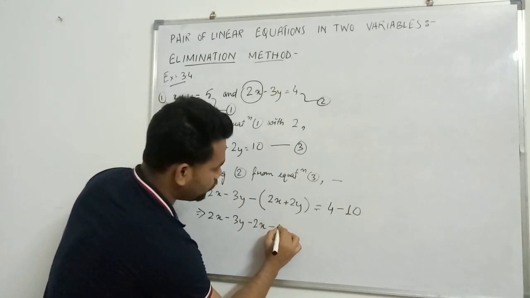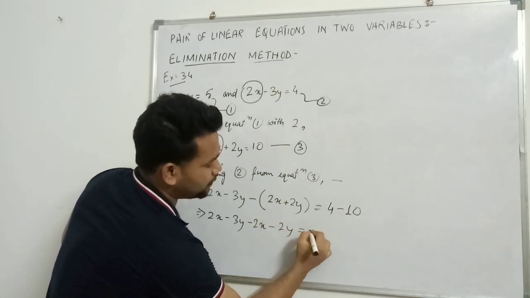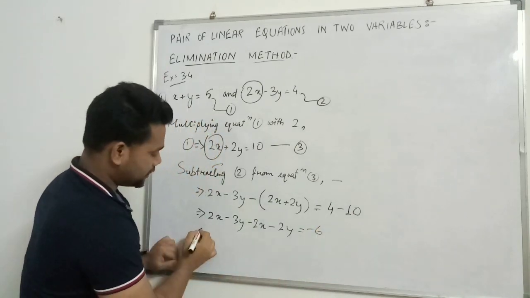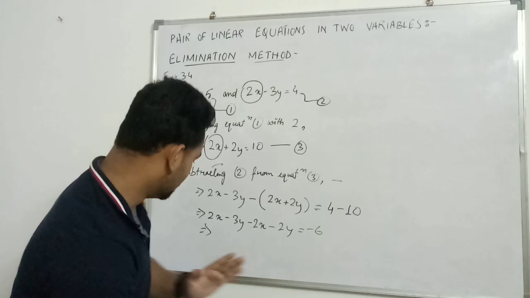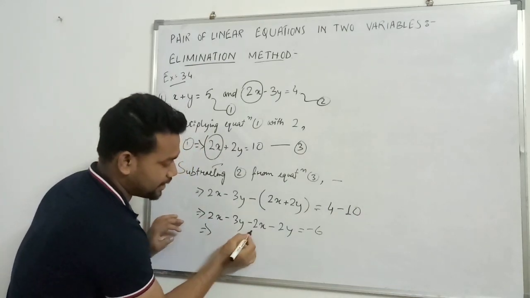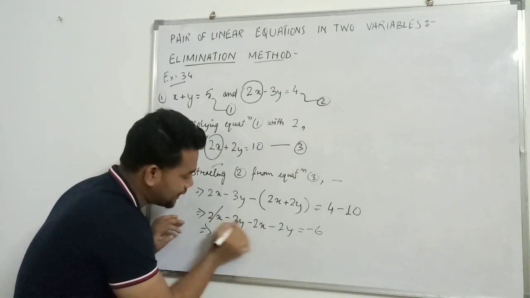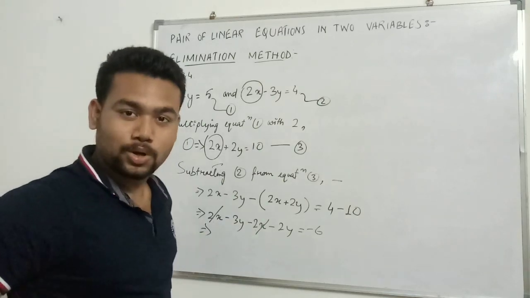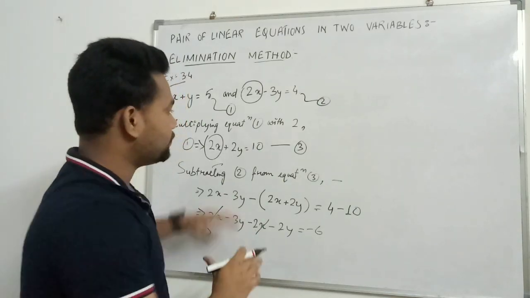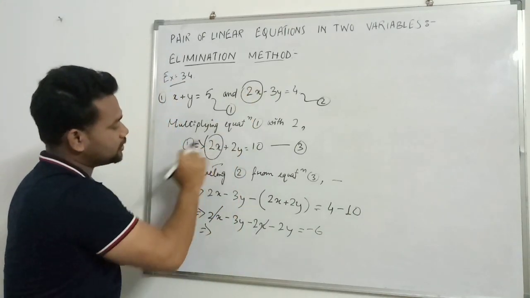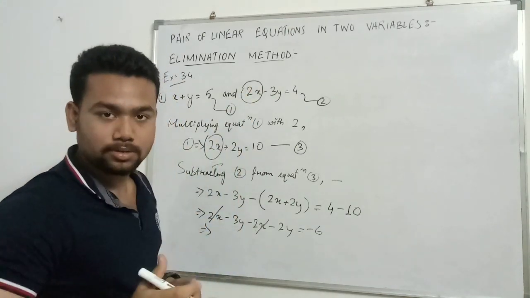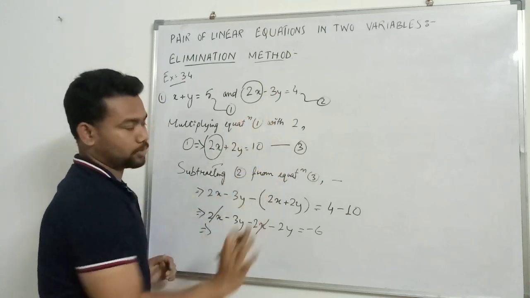Then minus 2y, and it becomes minus 6. Right? See. Why have I subtracted here? The concept is here. See. This is twice x and this is minus twice x. So it will get cancelled out. Got it? You got the idea why I have subtracted? Because this is positive, this is positive. You need to cancel each other. Right? That's why I have subtracted.